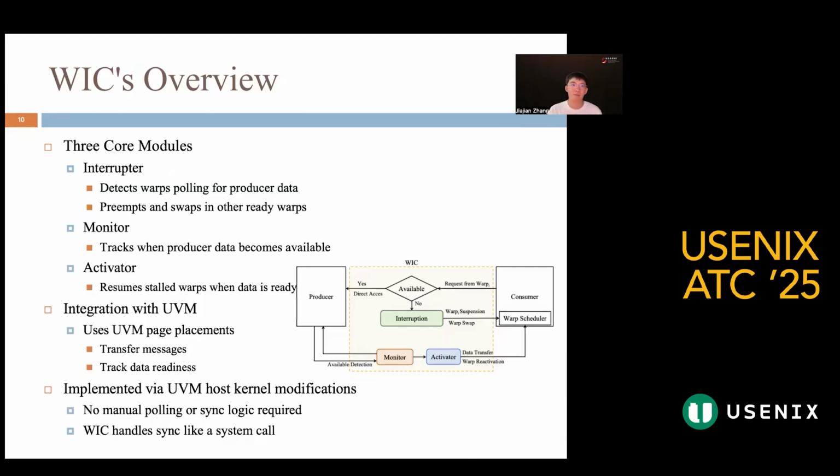All changes happen inside the UVM host kernel, which means programmers don't have to change a single line of code. Users just issue a data request like making a system call, and WIC handles the rest. It's fully transparent from the program's point of view.